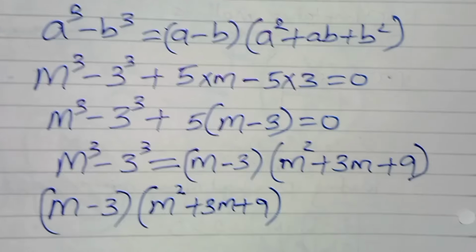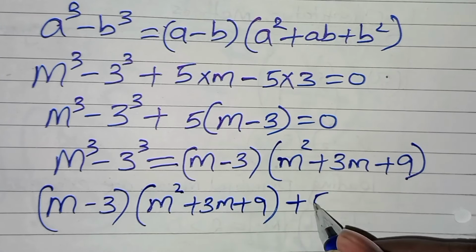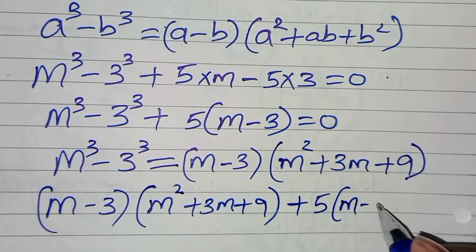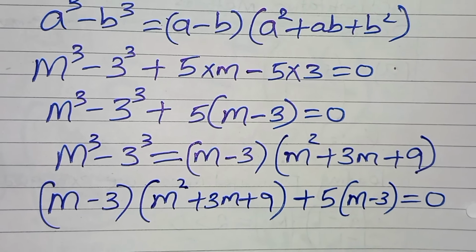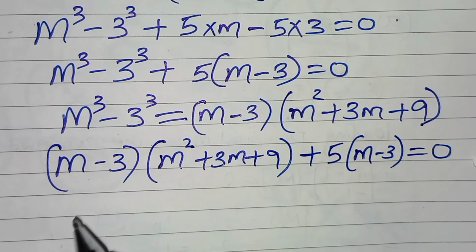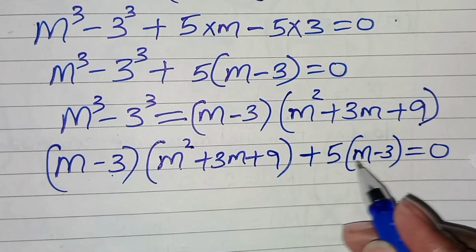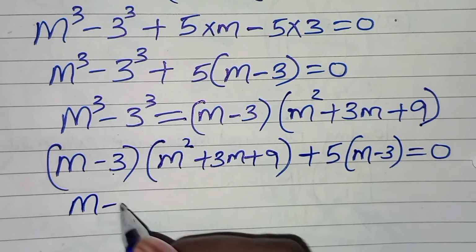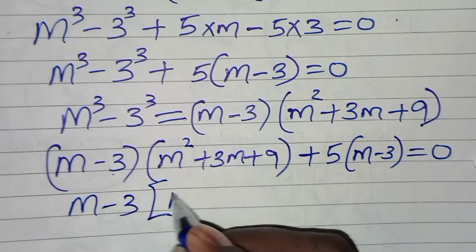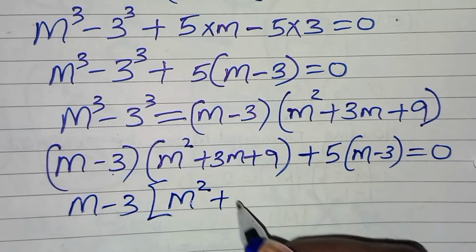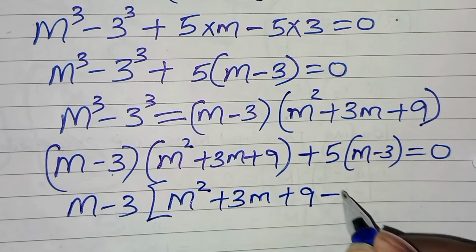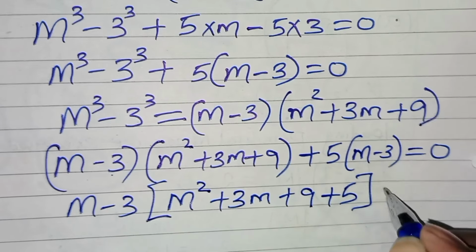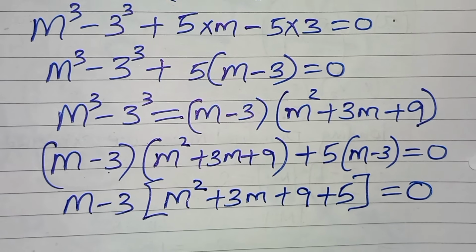Then we add 5 times m minus 3, this is equal to 0. Now the next step here, you find that m minus 3 is common, so we factor out m minus 3. So we'll have m to power 2 plus 3m plus 9 plus 5, this is equal to 0.